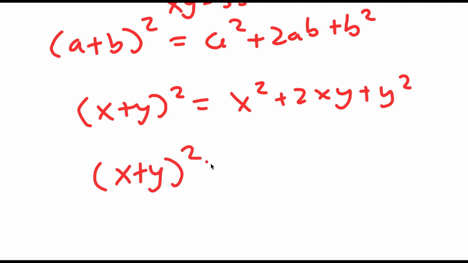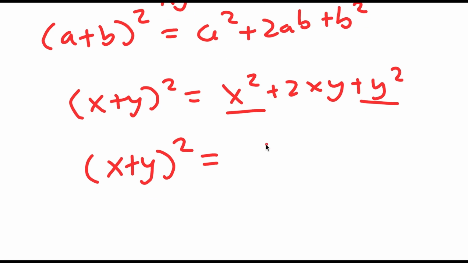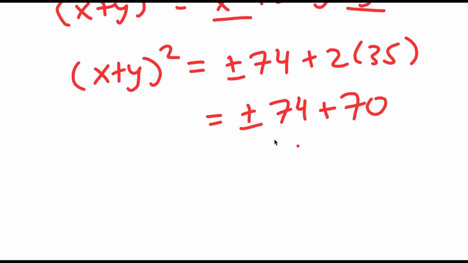So x plus y squared is equal to positive or negative 74, plus 2 times x times y, which is 2 times 35, so positive or negative 74 plus 70. So x plus y squared is equal to either 144 or negative 4.